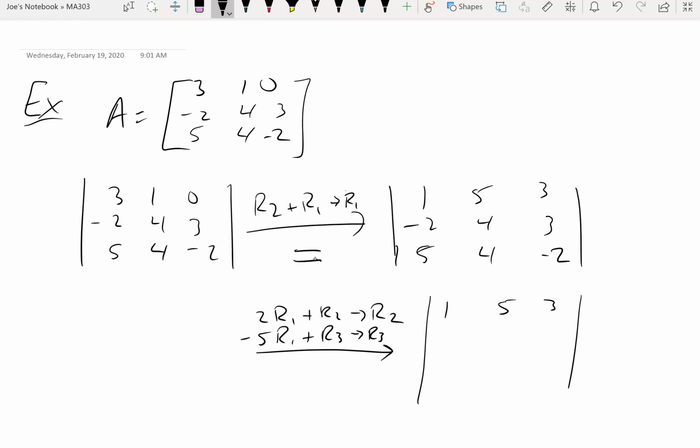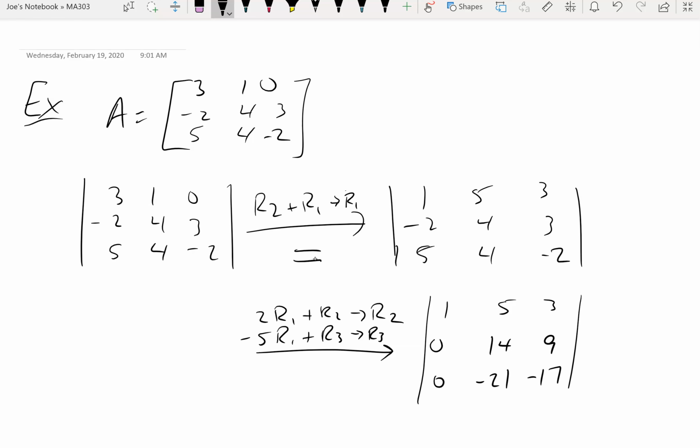So let's see here. This becomes 0. What do we get? 14 and 9, if I did my arithmetic right. And the other one we get 0 and, let's see, -21 and -17.